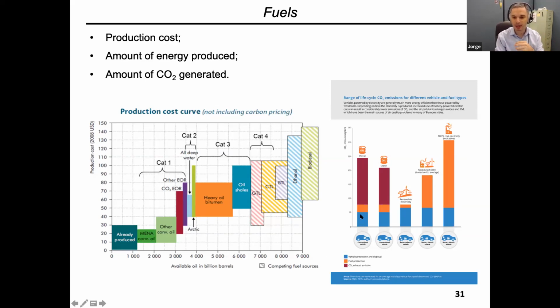Okay, so again here, for conventional vehicles, we have been doing this for a lot of years. It doesn't take much CO2 to produce and dispose a car. On the other hand, electric cars, they require a little bit more CO2 in the production and disposal. The next bar, the orange one, is how much CO2 it takes to produce the fuel for the car.